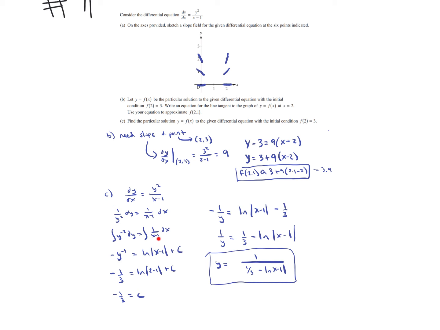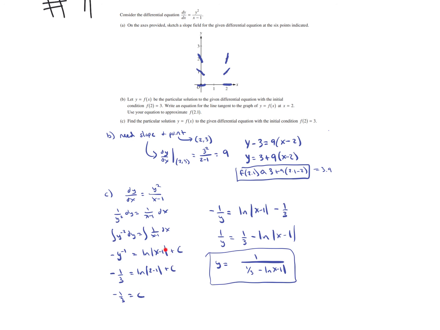We integrate both sides, and the left side, just reverse power rule, negative y to the negative first. The right side, this is our natural log one, 1 over u. So 1 over x minus 1 is natural log of absolute value of x minus 1 plus c.